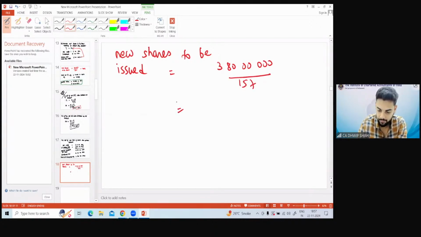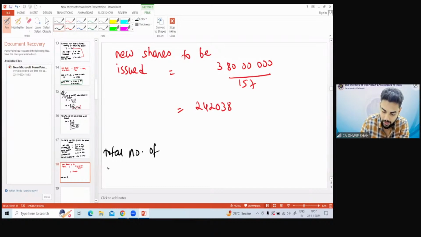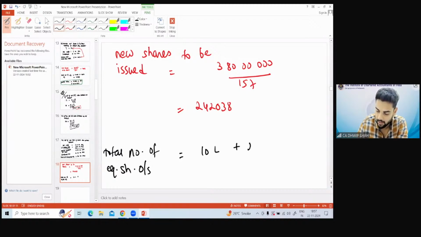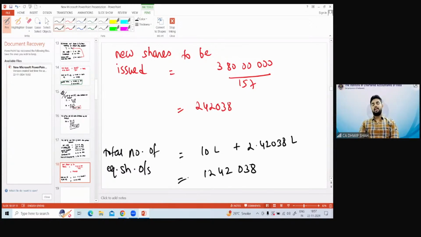How much did it come? 242,038. Can you tell me now the total number of shares outstanding at the end of year one? Number of equity shares outstanding at the end of year one is nothing but 10 lakh plus 2.42038 lakhs, so 12,42,038. Correct? Any queries in part A of the second point?